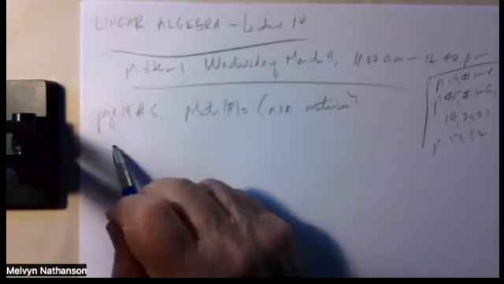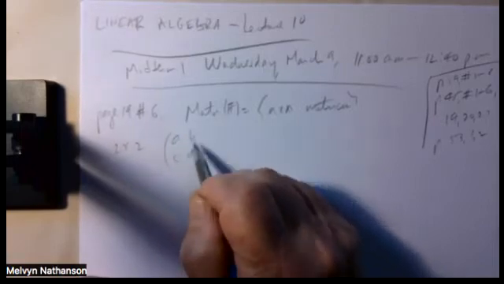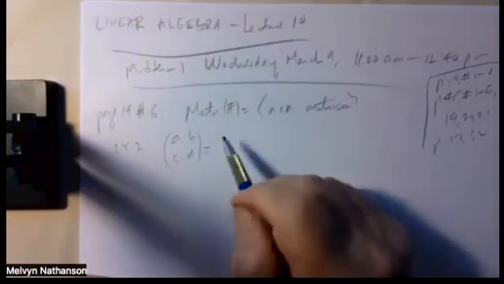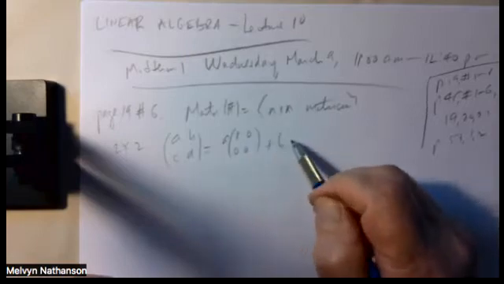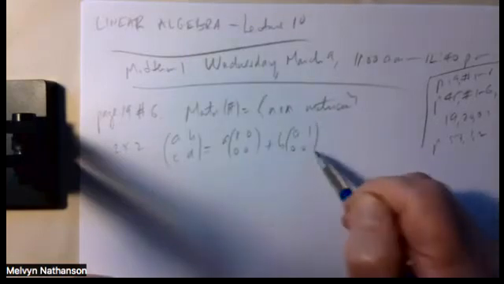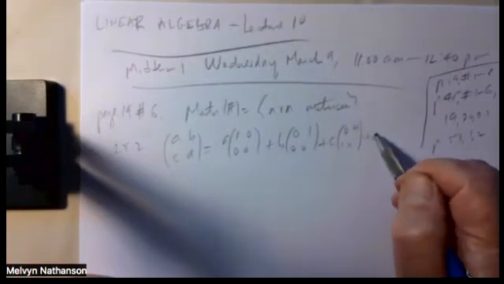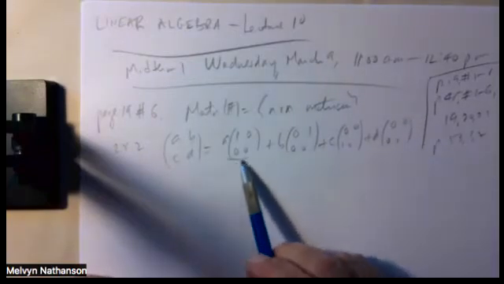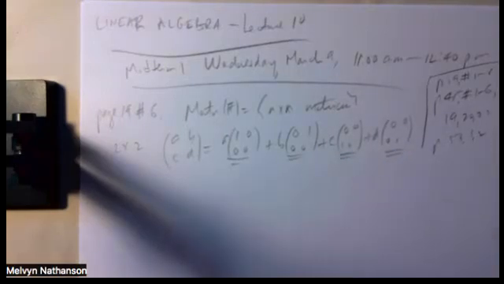Well, a 2 by 2 matrix, for example, looks like A, B, C, D. And you can write that as A times the matrix 1, 0, 0, 0, plus B times the matrix 0, 1, 0, 0, plus C times the matrix 0, 0, 1, 0, and D times the matrix 0, 0, 0, 1. And with respect to these 4 particular matrices, every matrix is a linear combination.